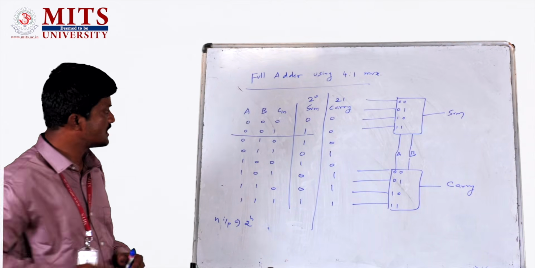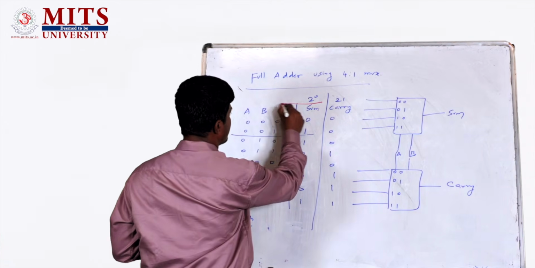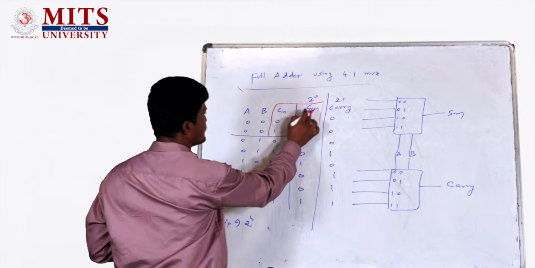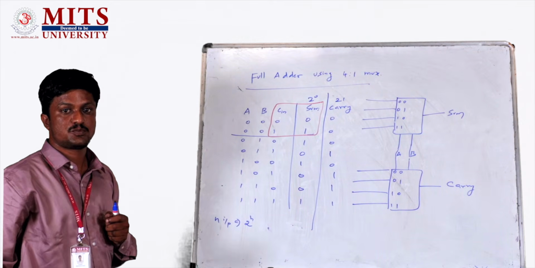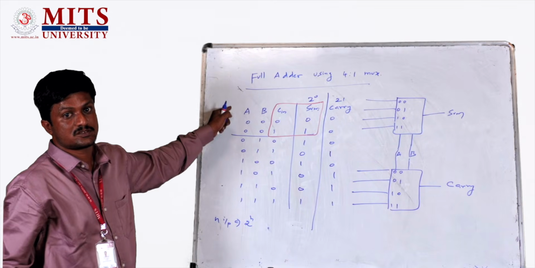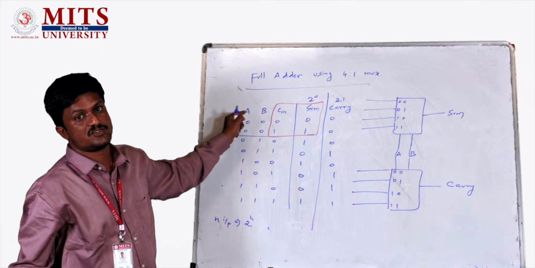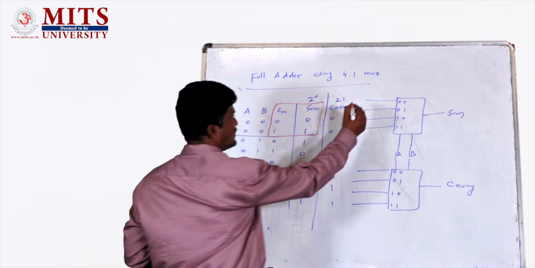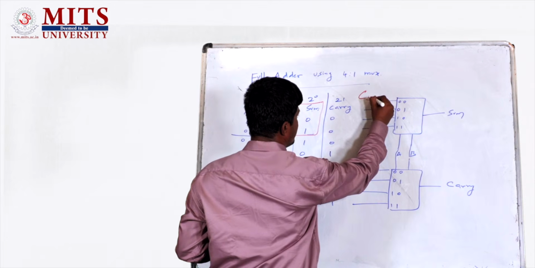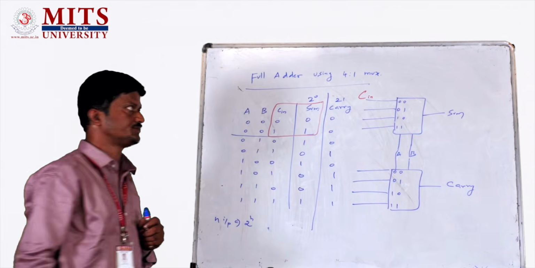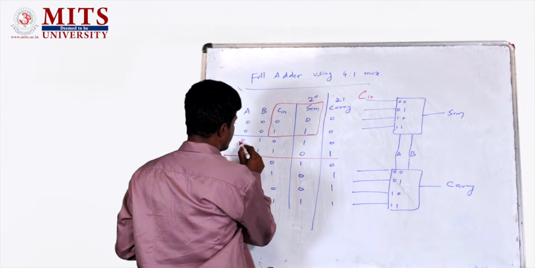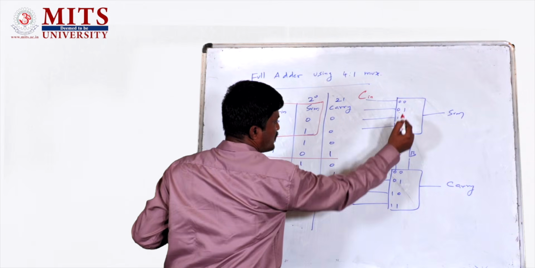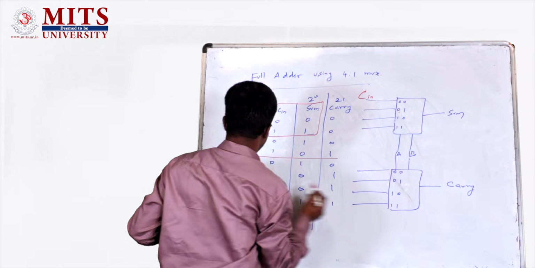So now it's very clear: the sum follows the input Cin when inputs A B are 0 0. So this one will be written as Cin. The next combination is 0 1, so A is 0, B is 1.